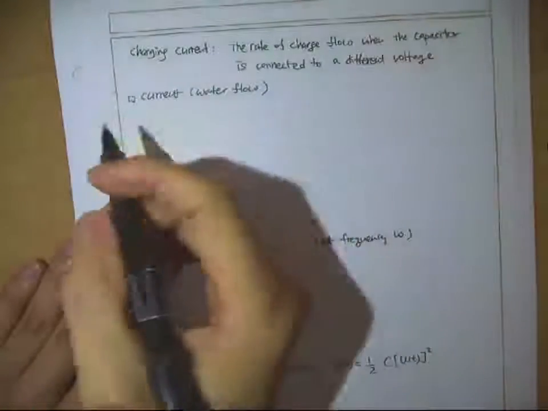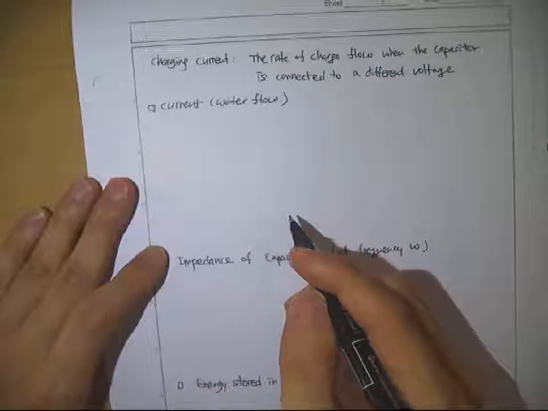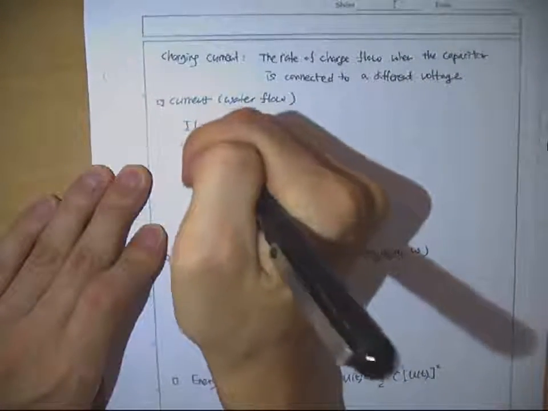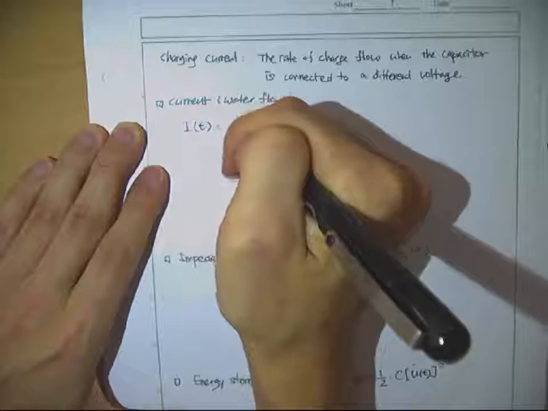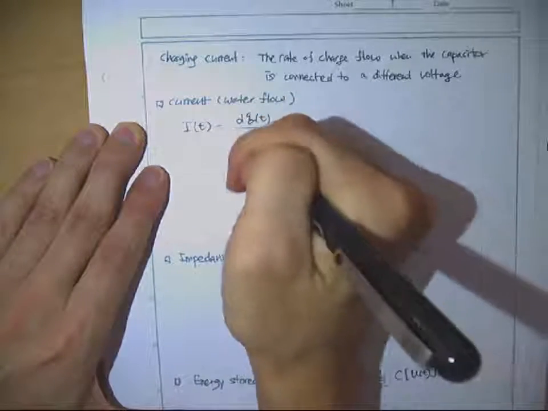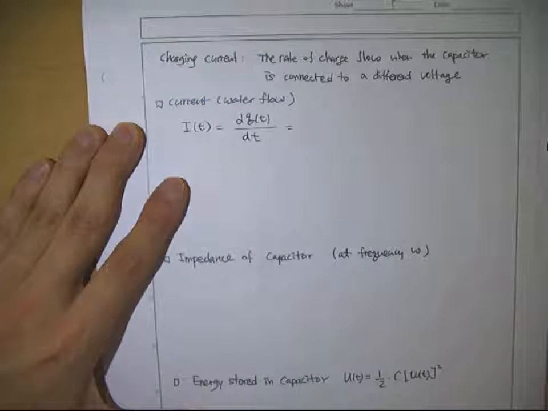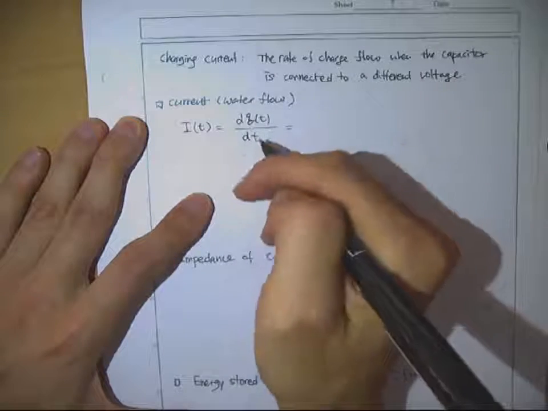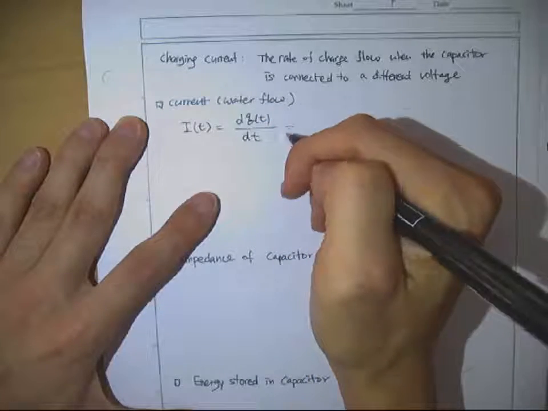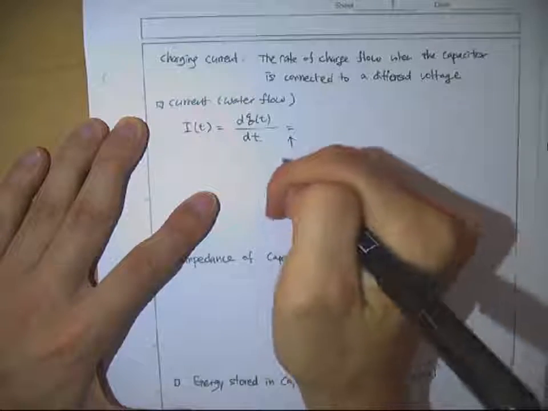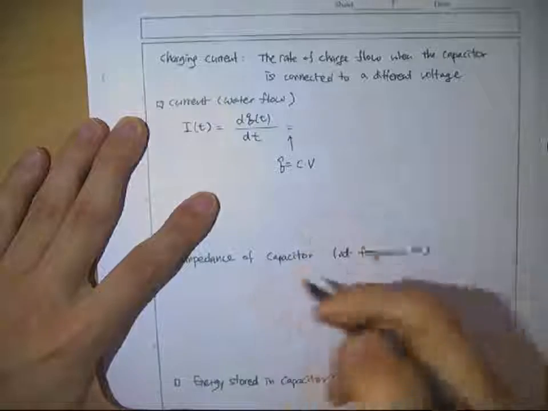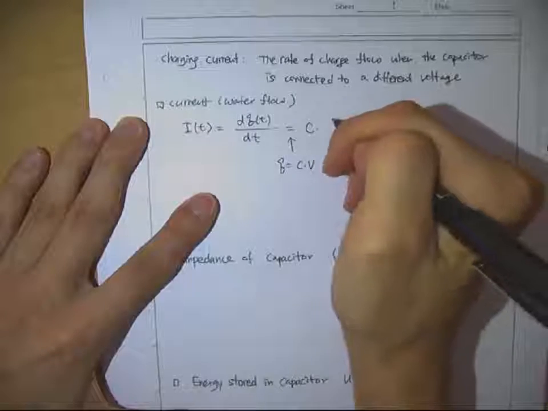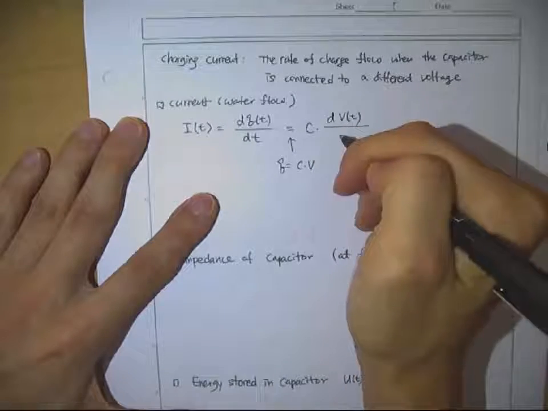So let's analyze the current, which is the charge flow. The current I is dQ over dt by definition. And from the capacitance, Q is C times V, right? C times the potential difference. So it is the capacitance times dV(t) over dt.